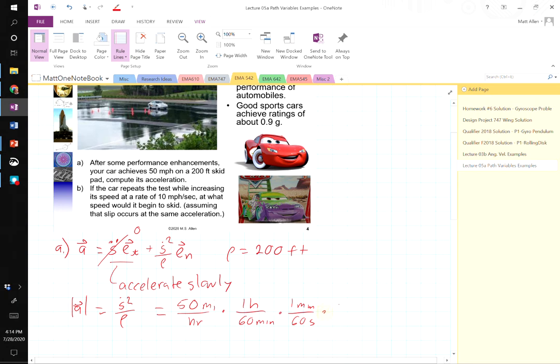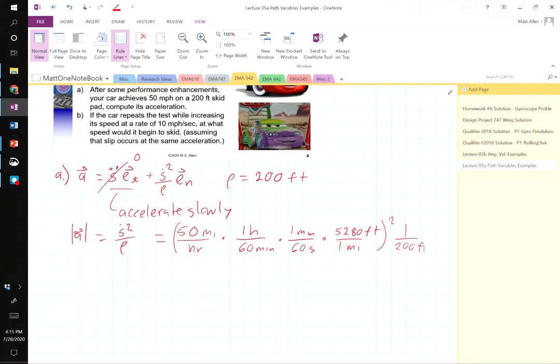And then we'll also convert 1 mile into 5,280 feet. Okay, and then we'll square that and divide by 200 feet. And so that will give us something in feet per second squared.